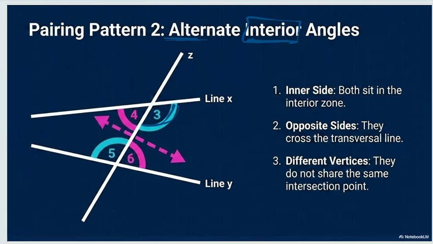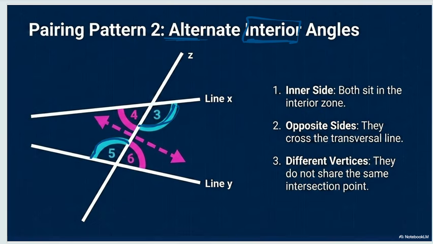So what is the opposite angle of 3? The opposite angle of 3 is angle 5. Why angle 5? Because both are interior angles, but they are lying on the opposite sides of the transversal line. So these two angles are called the alternate interior angles.